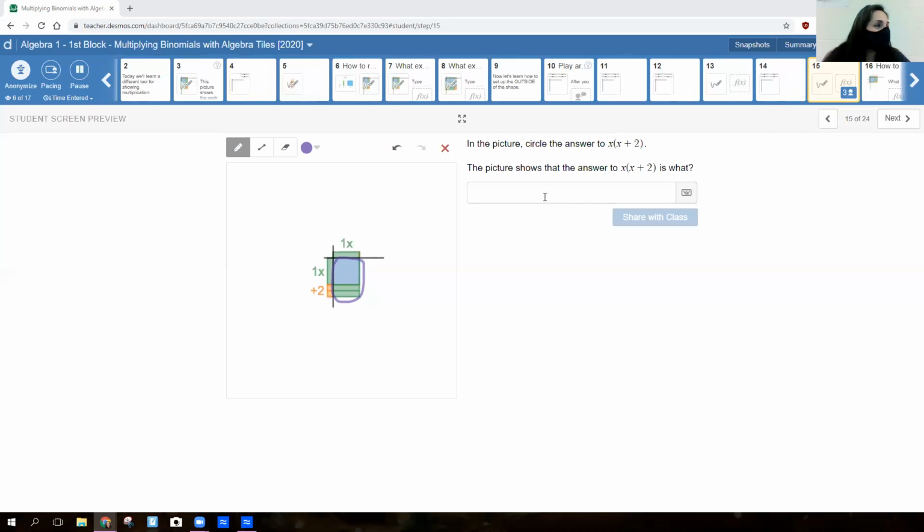Nice, good. So 1x squared, or x squared, because you have one blue, right? And then plus 2 green ones would be plus 2x. Plus, we already know from last week when we did the distributive property, x times x is x squared and x times 2 is 2x. Perfect. Go ahead and move to the next slide.